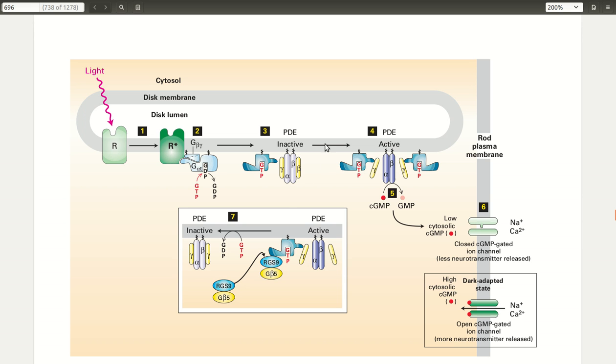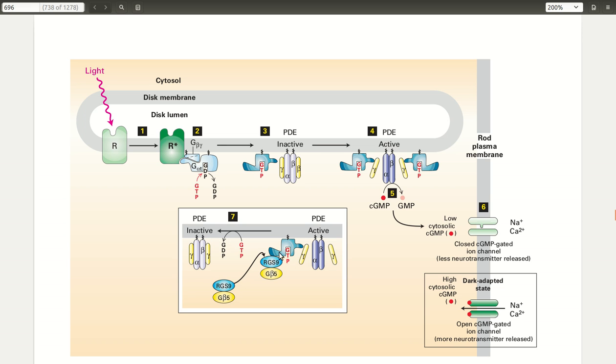And then to go back to the initial state, these GTPs on the alpha subunit have to be hydrolyzed, and that's accomplished by this RGS9 G beta 5 complex, which will catalyze the GTP.